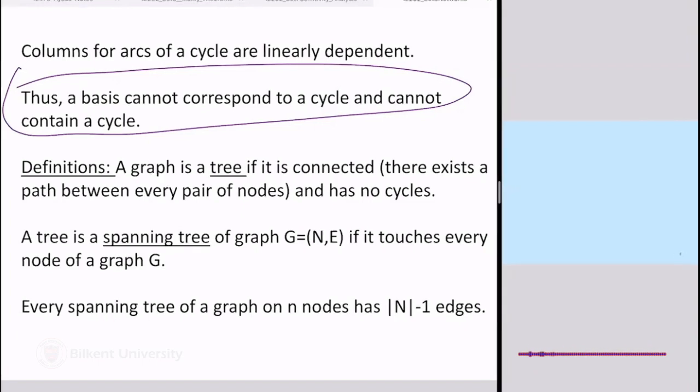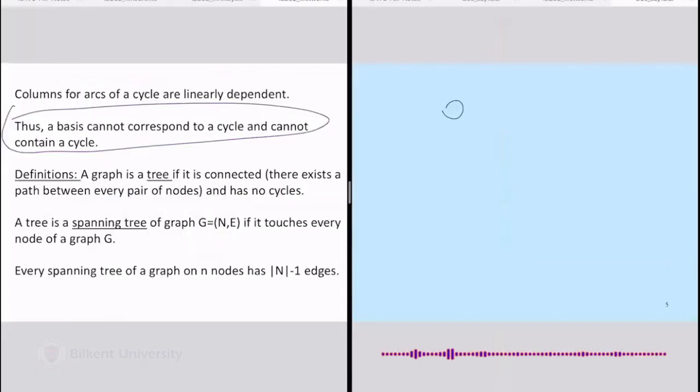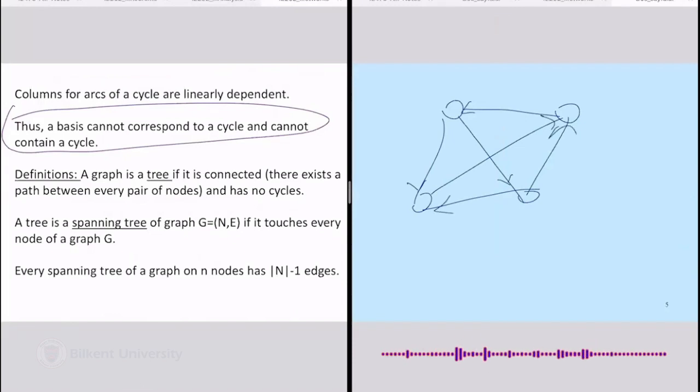let's just draw something in here. Suppose this was my graph on 4 nodes. All right. Let me also put the directions. It doesn't matter, but our arcs do have directions. So if this is my graph, now, for example, the thing in here is a tree.